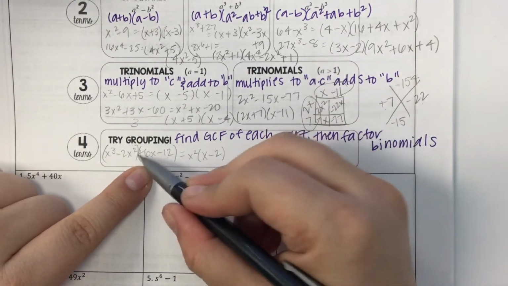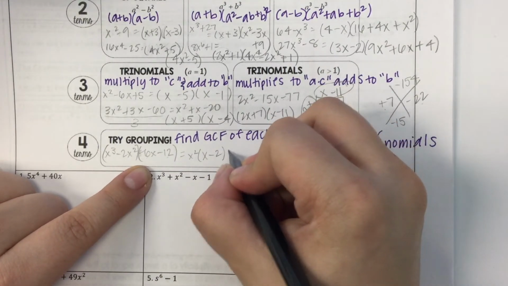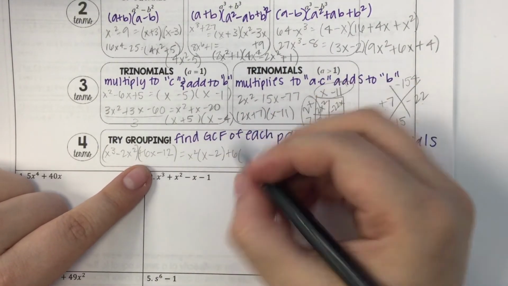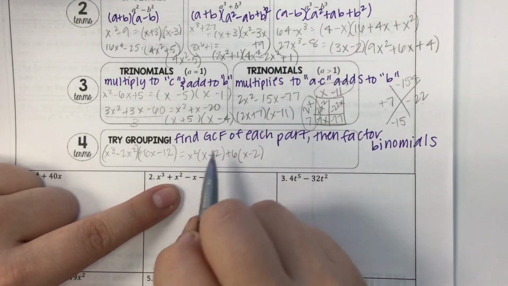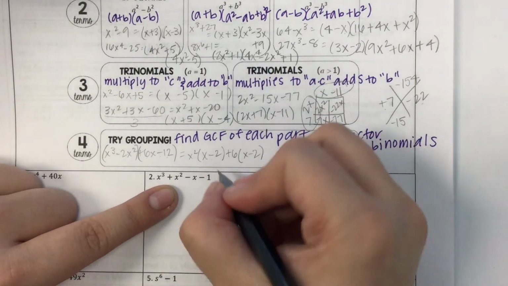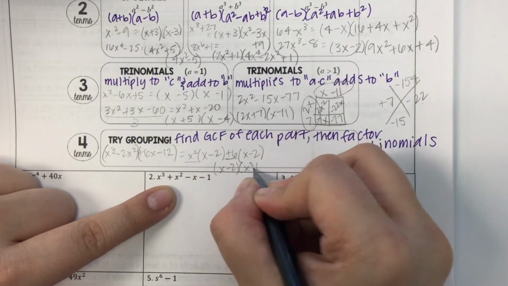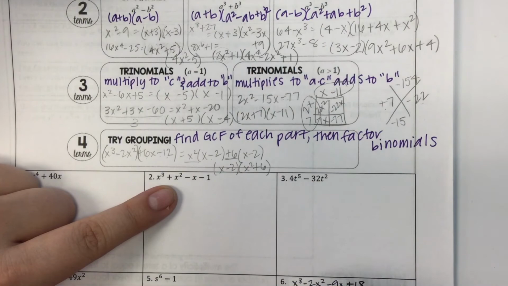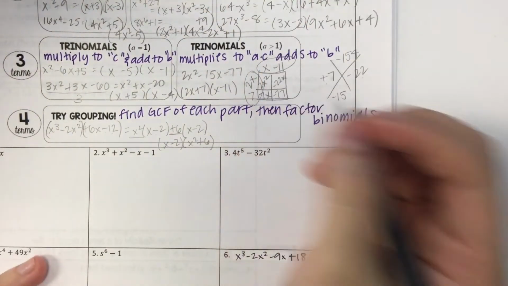Okay, what's the biggest thing I can take out of 6x and negative 12? Plus 6, x minus 2. So my two factors are x minus 2 and x squared plus 6. And I'm done.